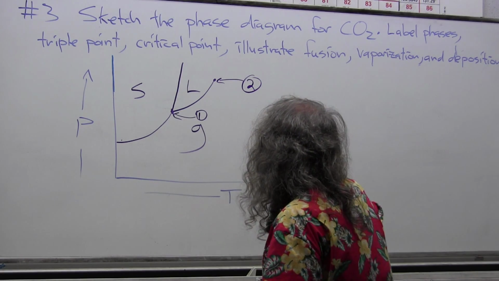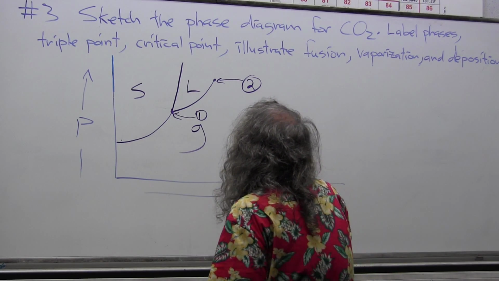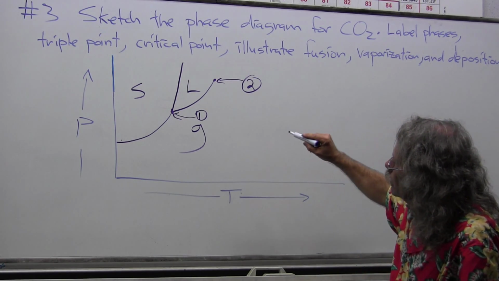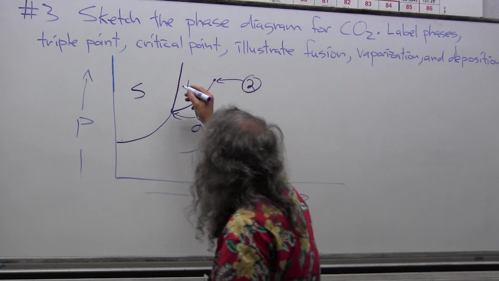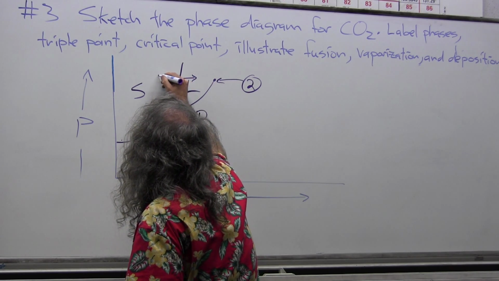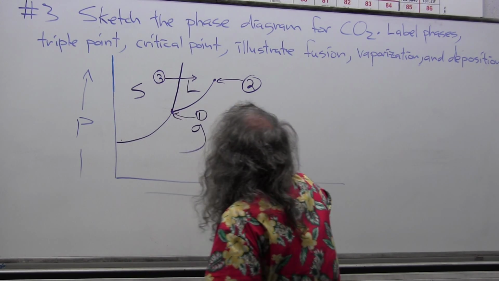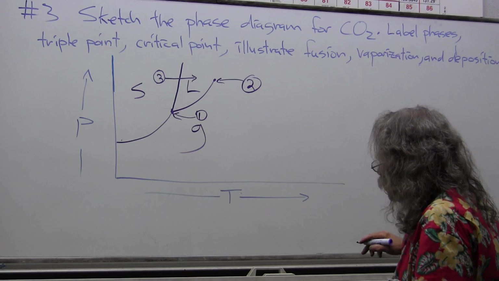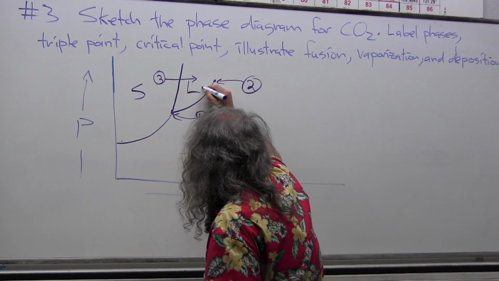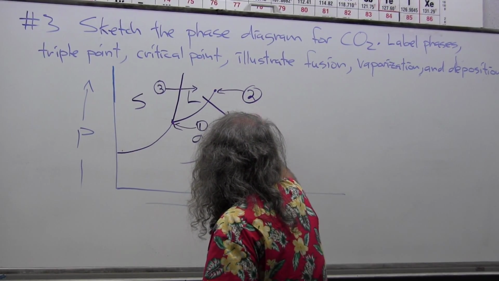And then illustrate fusion. Fusion is when we go from the solid to the liquid. So I'll have that with an arrow, which I will have as a 3. And vaporization, which is when we go from the liquid state to the gas phase. So I'll put a little arrow, put a 4 around that.